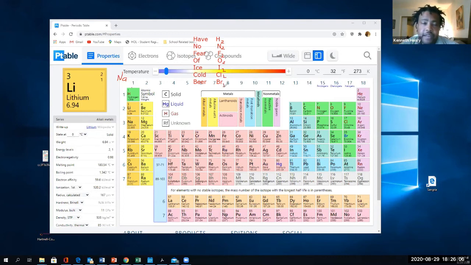Anytime they're by themselves in a chemical reaction, make sure you have H2 if we're talking about hydrogen, or N2 if we're talking about nitrogen. This one is not alone; it's with carbon, this is carbon monoxide. So we don't have to have a 2 when it's with somebody, only when it's all by itself.